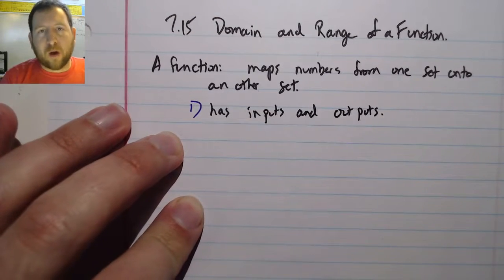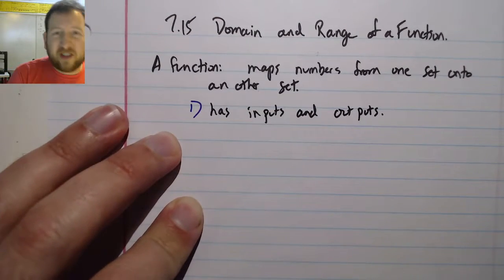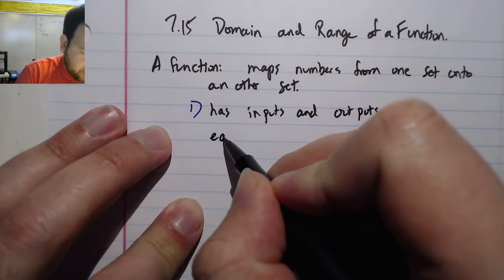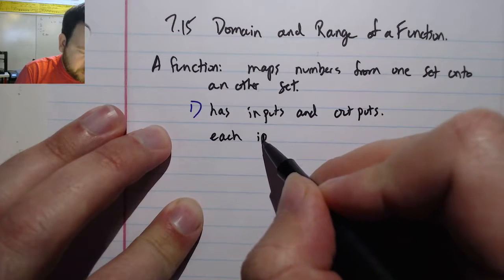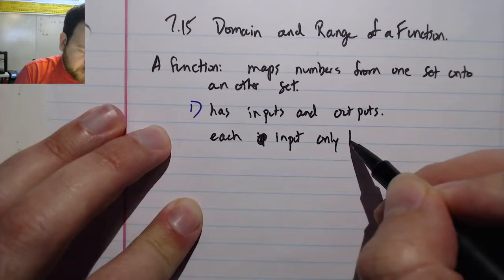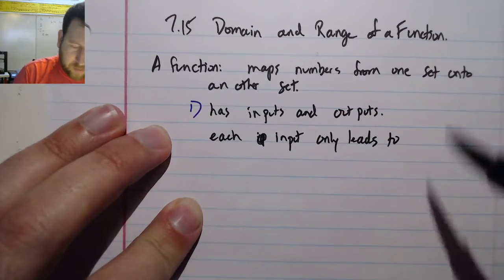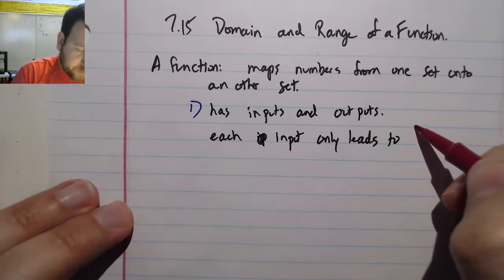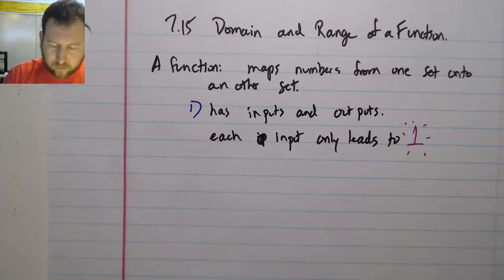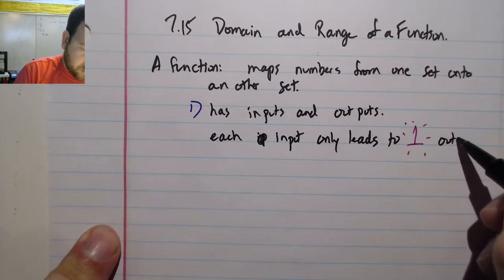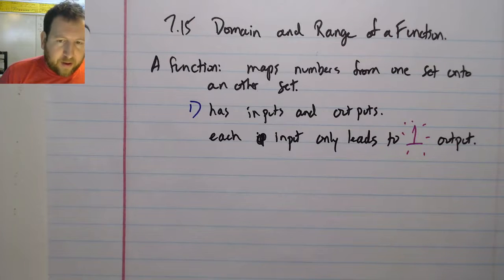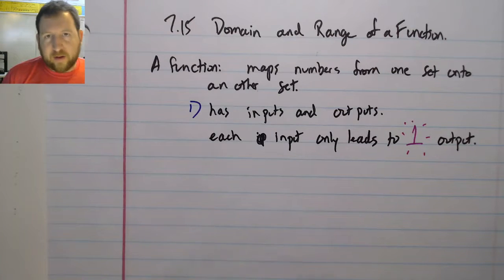And one of the big requirements for a function is that each input only leads to one output. And that's one of the requirements for it to be a function.